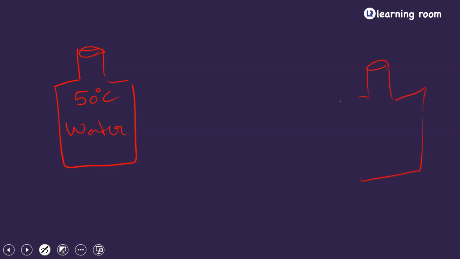Let us take one example. I have one bottle here with water at 50 degrees Celsius, and here I have another bottle. Tell me some other liquid, I don't want to keep it water. Coke.